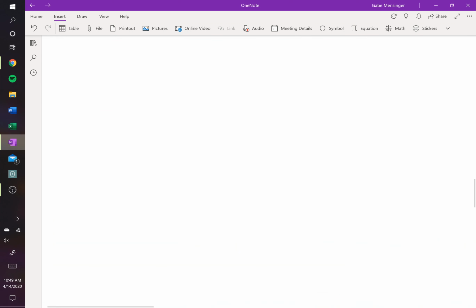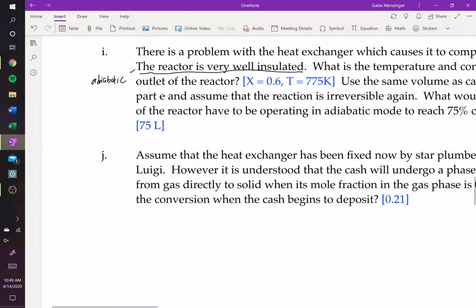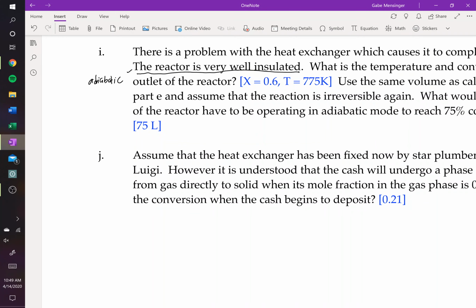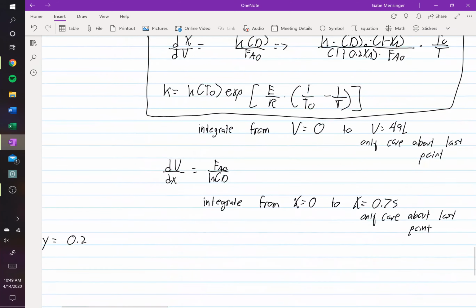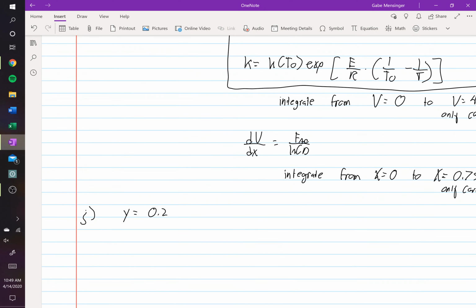Our C will start to deposit out of the gas phase into a solid. So I guess we'll say that's y_C. Another way we can write that is based off of C, the mole fraction.